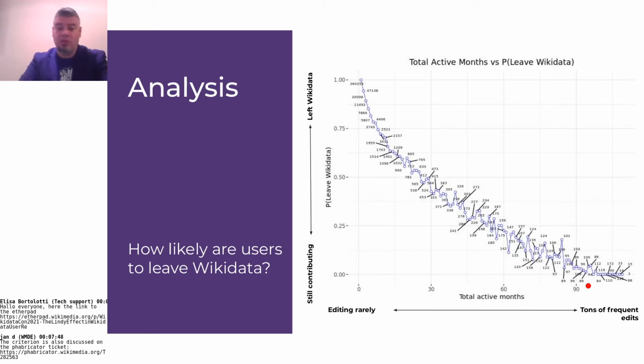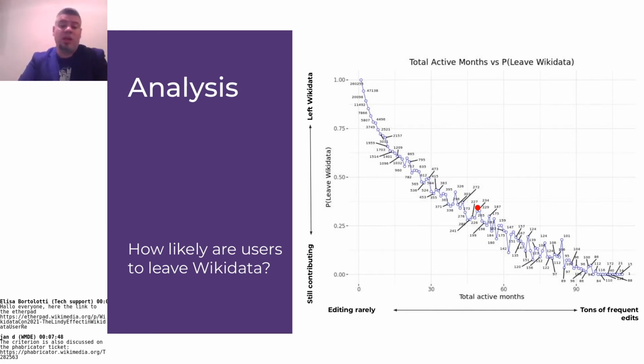Obviously, those who frequently edit have a way lower probability to leave Wikidata and stop editing in comparison to those who edit rarely. Okay, now this chart can be confusing because there is a slight confusion.